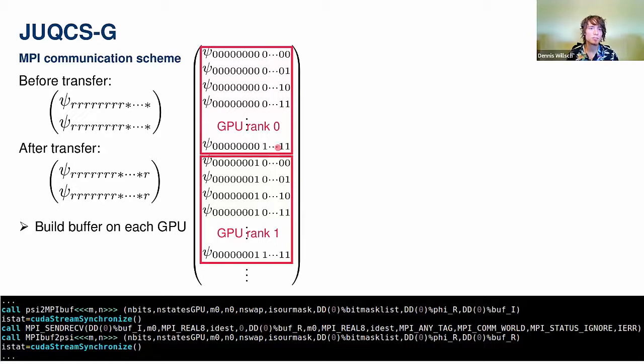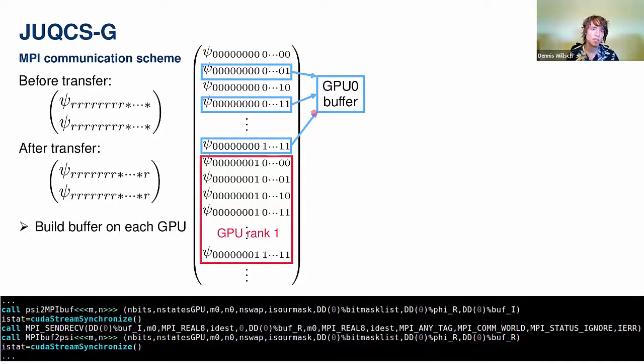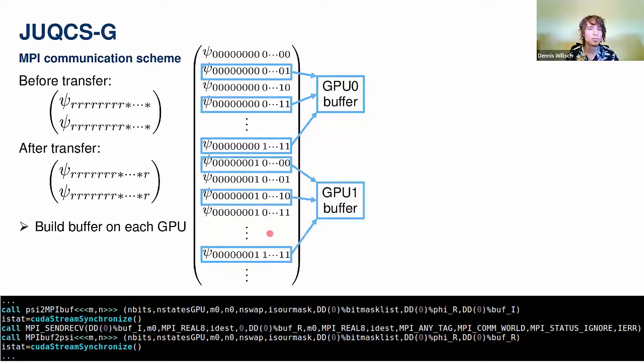We have all these complex numbers on the first and these on the second GPU. And then we figure out what complex numbers need to be transferred. In this case, it's all those numbers which have a 1 here, because what we want is that those which have a 1 here should reside on GPU 1 in the end. And on GPU 1, we identify all complex numbers which have a 0 here. This always amounts to exactly 1/2 of all the complex numbers on each of the GPUs. And then we just swap them.